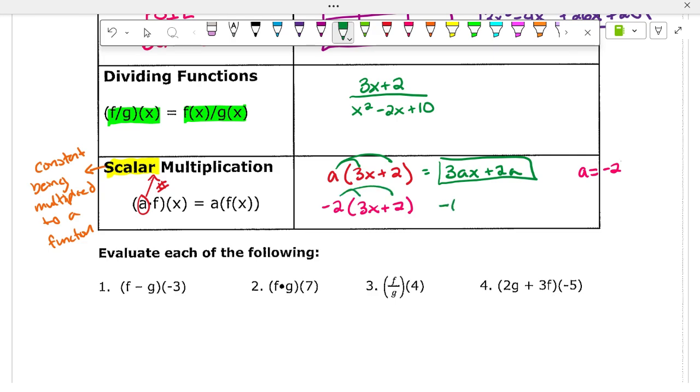So this would be -6x, because -2 times 3x is -6x, minus -2 times 2 is 4. So scalar multiplication is literally just distributing, which you guys have been doing for a while. That's what we just did.